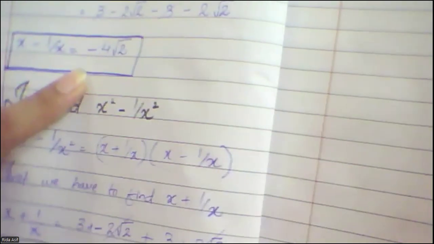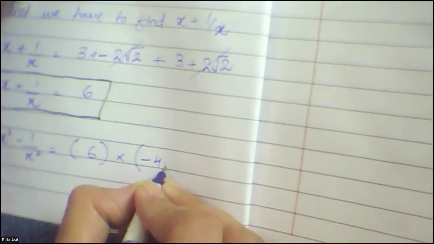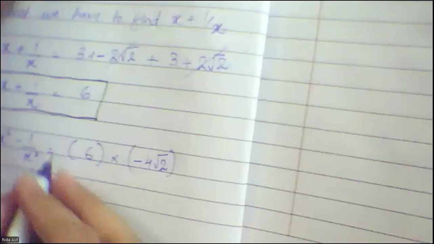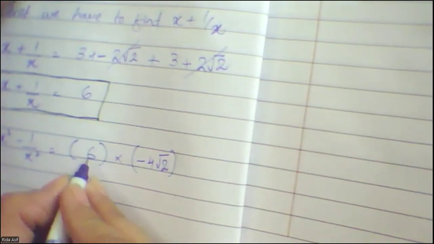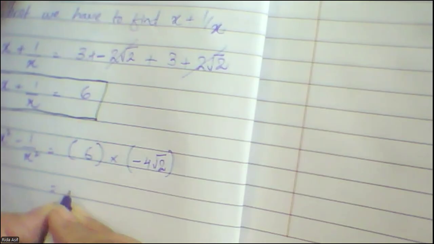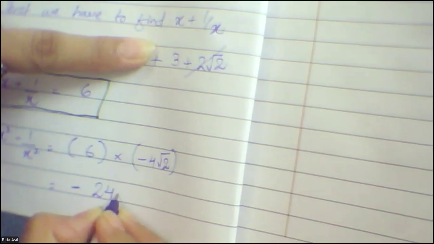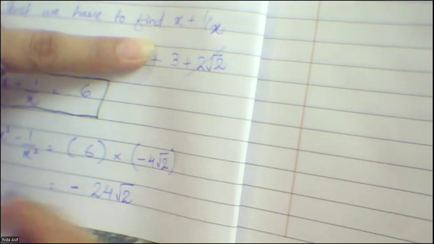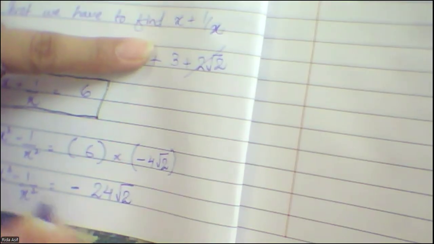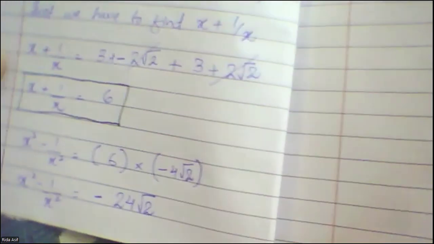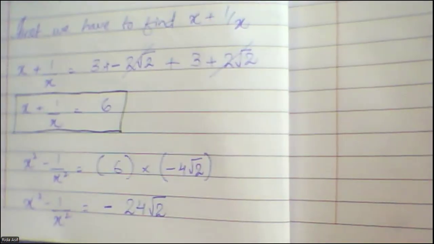X minus 1 upon x is minus 4 root 2. Now by multiplying these terms, plus times minus, we get minus. 6 fours are 24 root 2. So here we get our answer, x square minus 1 over x square is equals to minus 24 root 2.